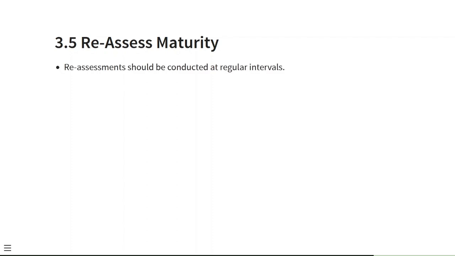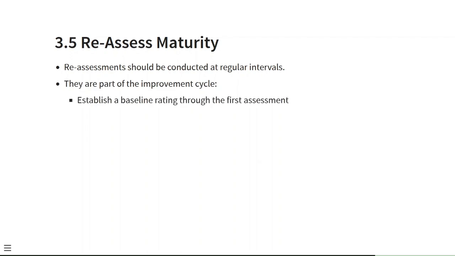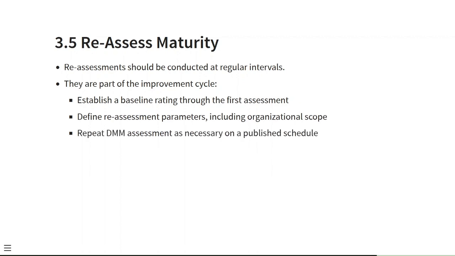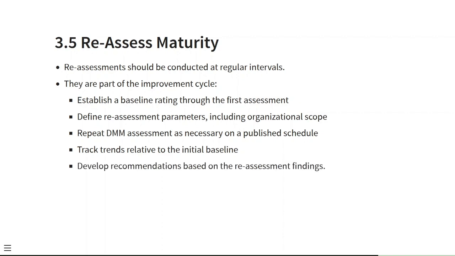Reassessments should be conducted at regular intervals. They are part of the improvement cycle. Establish a baseline rating through the first assessment. Define reassessment parameters, including organizational scope. Repeat the DMM assessment as necessary on a published schedule, and track trends relative to the initial baseline.